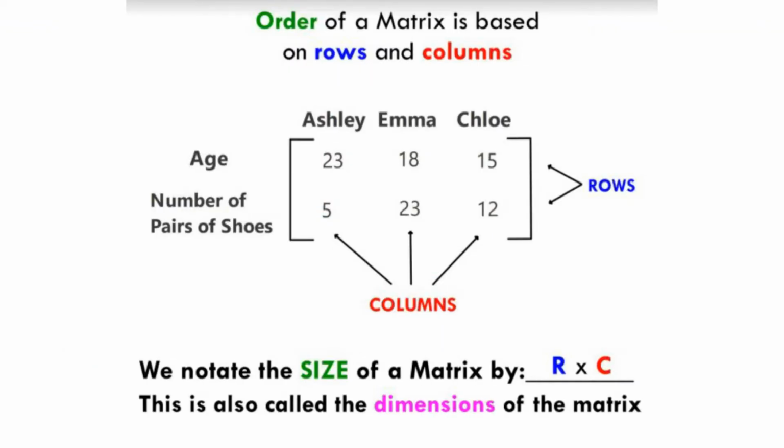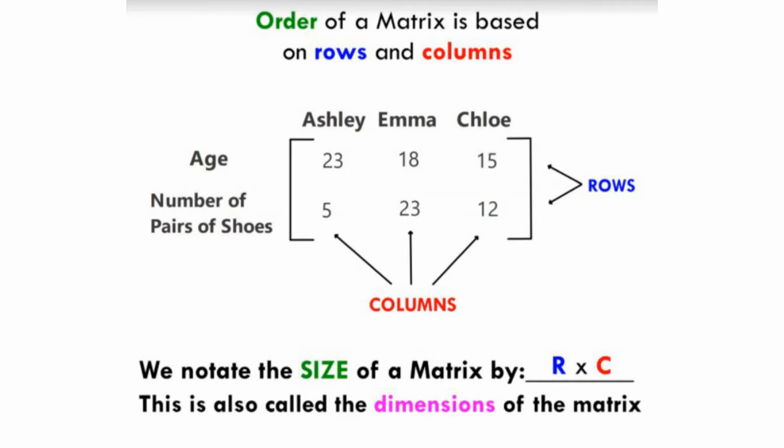When we talk about the order of a matrix, the order is based on its rows and columns. If we have this example where we've organized the age and the number of pairs of shoes for Ashley, Emma, and Chloe, we have rows and columns. If we asked for the order of this matrix, we would say it is a 2 by 3 matrix.